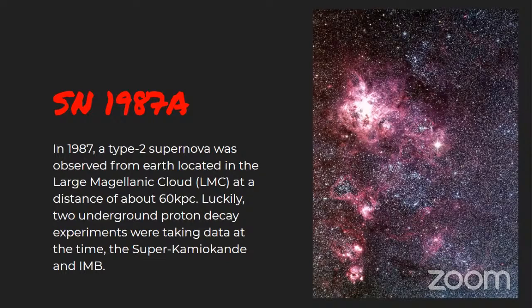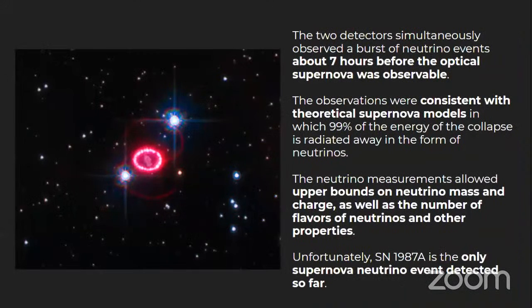There was another on the ground neutrino detector called Baksan. Okay, so these detectors simultaneously observed the neutrino events about 7 hours before the optical supernova was observed. And these observations were consistent with our theoretical models, which, as I mentioned before, says 99% of the energy is radiated away in the form of neutrinos.